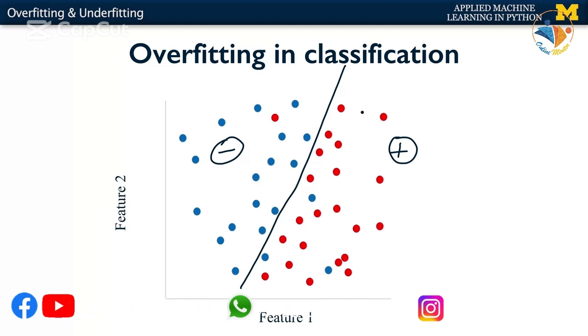And it's robust enough in the sense that it ignores the fact that there may be occasionally a blue point in the red region or a red point in the blue region. Instead, it's found this sort of more global separation between these two classes. So this is a reasonably well-fitting model.